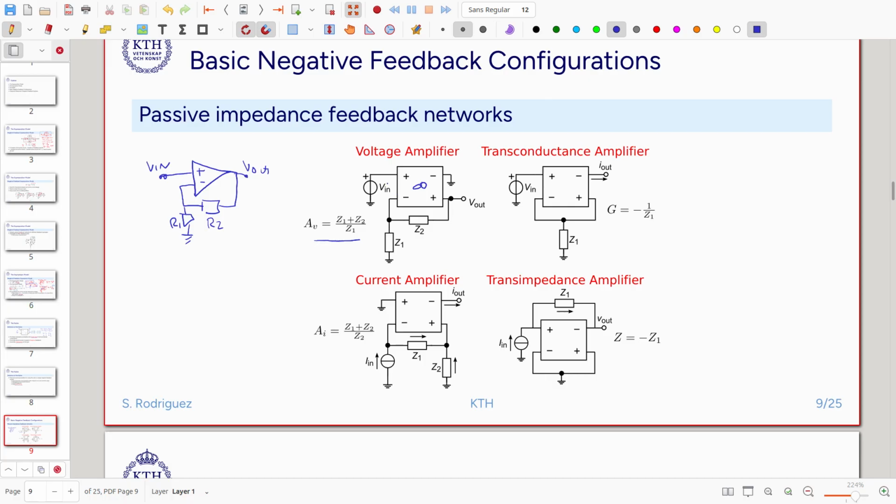It has infinite input impedance, and when we have the nullor as an ideal amplifier with negative feedback, this voltage becomes 0. The difference at the input, the subtraction in an ideal negative feedback amplifier, is always 0, because the system corrects itself through the feedback, and then it puts the input voltage at both sides equal.